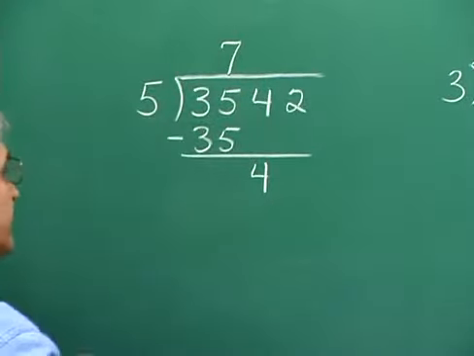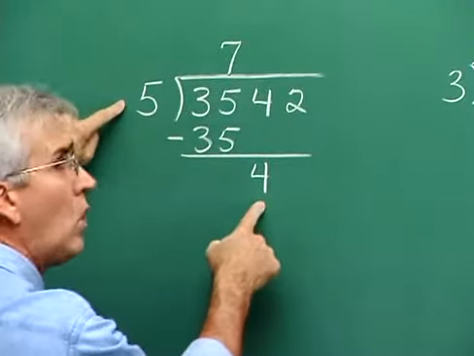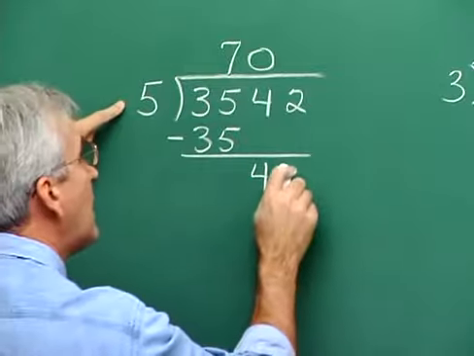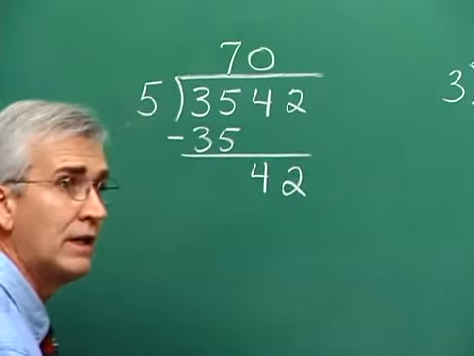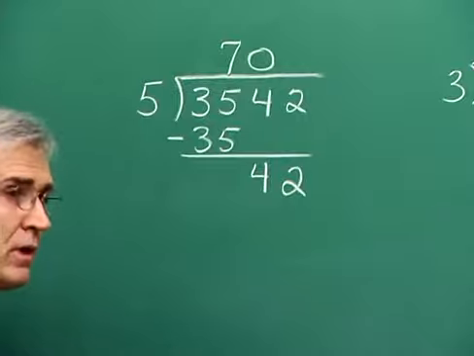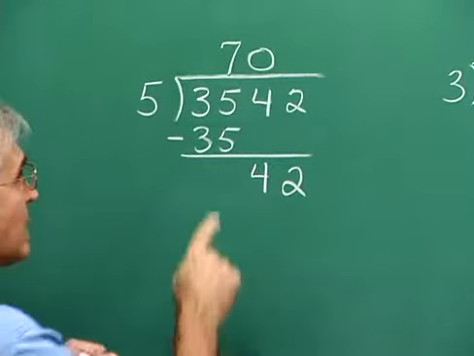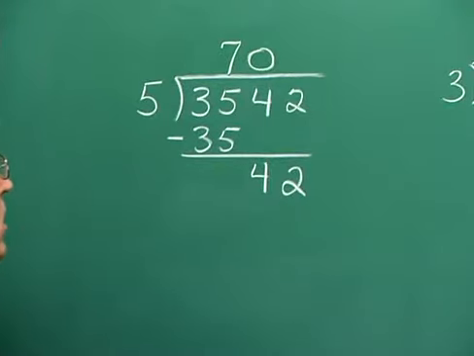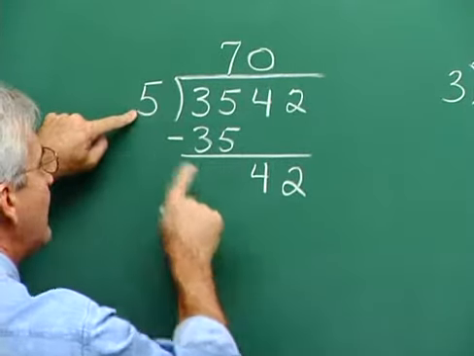We just say 5 into 4 won't go. We need a 0 here as a placeholder, and we'll bring down the next digit. That's probably the way you'll end up doing it as we become more and more familiar with it. But it's okay to say 0 times 5 is 0 and do the subtraction and all of that kind of thing. All right, so we're dividing now 5 into 42.